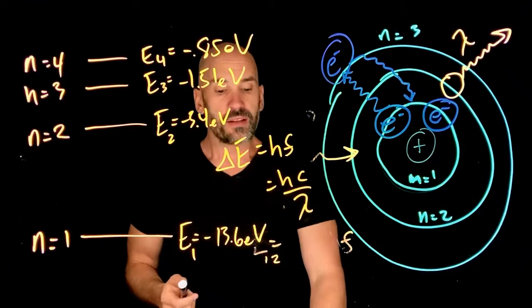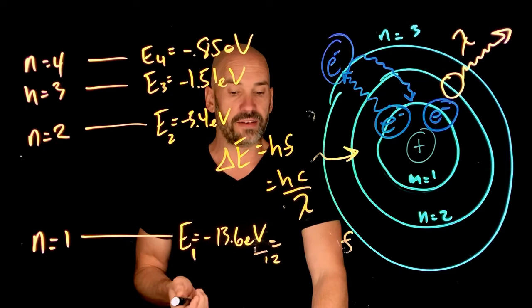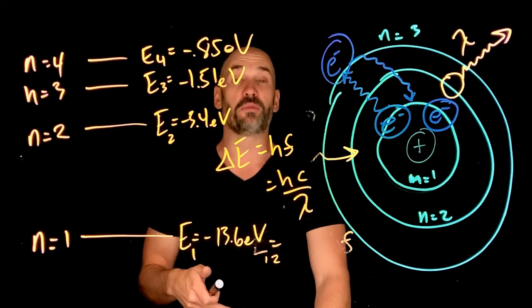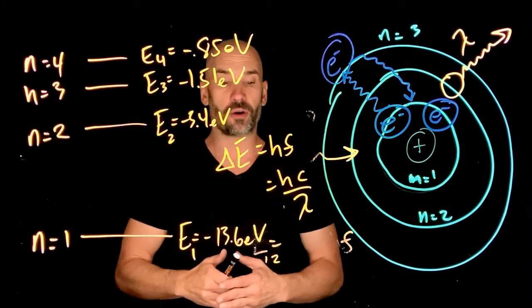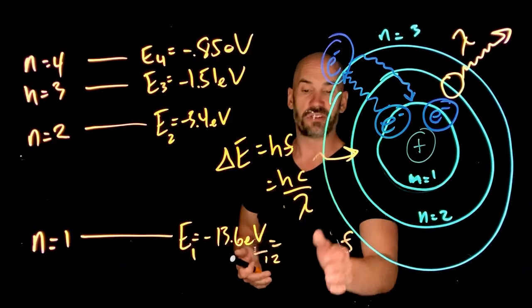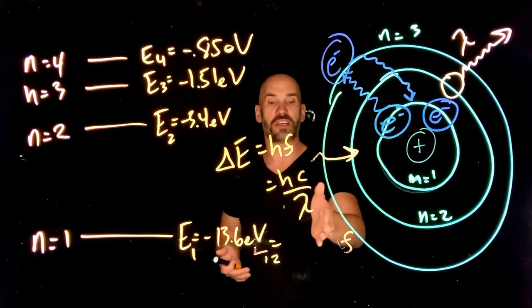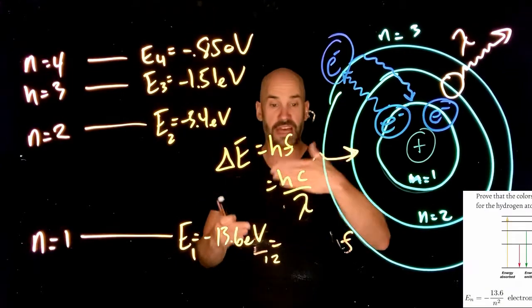So let's take a look at the emission spectrum or absorption spectrum for hydrogen, and you'll see that there's these different colors that are associated with different changes in energy.